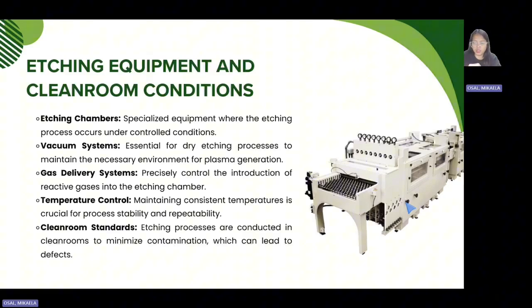Conditions like temperature, pressure, and gas flow are tightly controlled. So modern fabs use automation and real-time monitoring to maintain yield and process stability. Operating in a cleanroom environment is essential to ensure defect-free production at the nanometer scale.